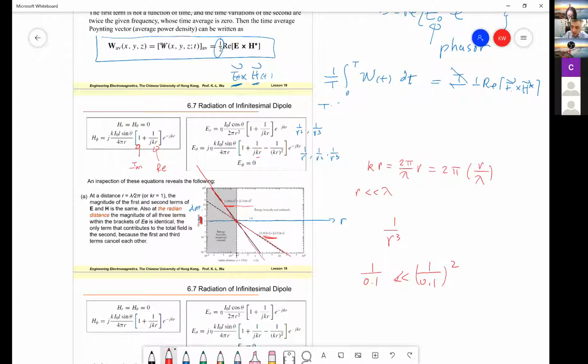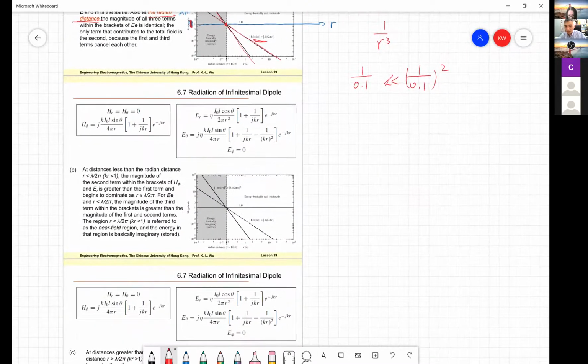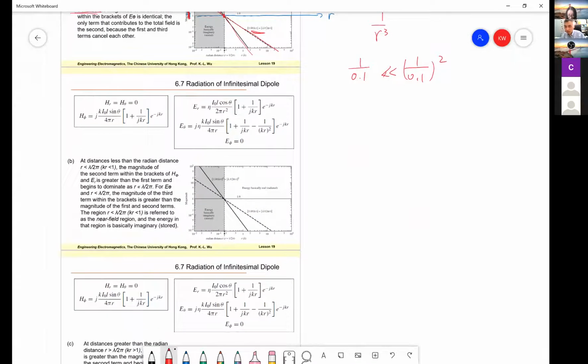We call this KR the radial distance, and we always judge by this.